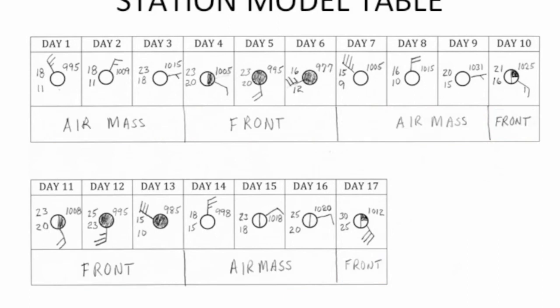And this is how they were supposed to be labeled based on whether it was in an air mass or a front. This was put up after the patterns were discussed with students, just so those who weren't following this real closely or were having some problems could see everything written down.